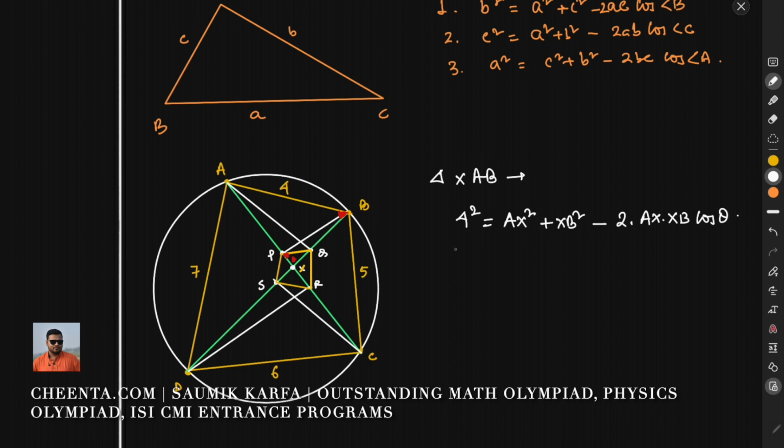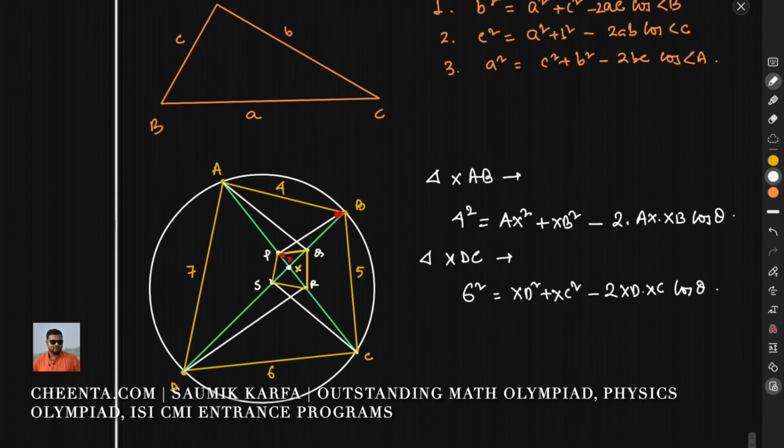Similarly, from the triangle XDC, I can write 6 squared is equal to XD squared plus XC squared minus twice of XD times XC cosine of theta again, because the angle between XD and XC is also theta, since that is a vertically opposite angle.